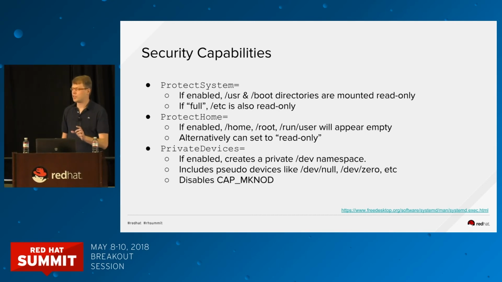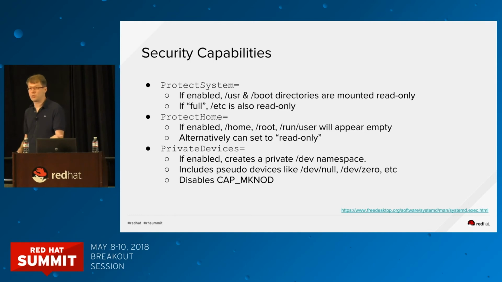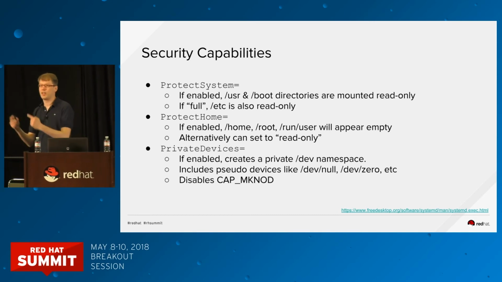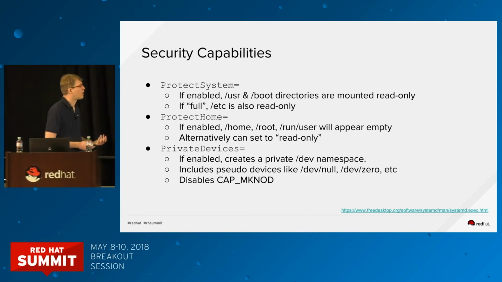But if you turn it on for a service, then it basically means /usr becomes read-only for the service, which is something you should basically turn on for all services except for something that actually wants to upgrade the system. Because for everybody else, they should not be able to modify your operating system. It should be immutable to a general service, right? Because you don't want that if Apache ends up being exploited by some attacker, the attacker is able to modify the OS.